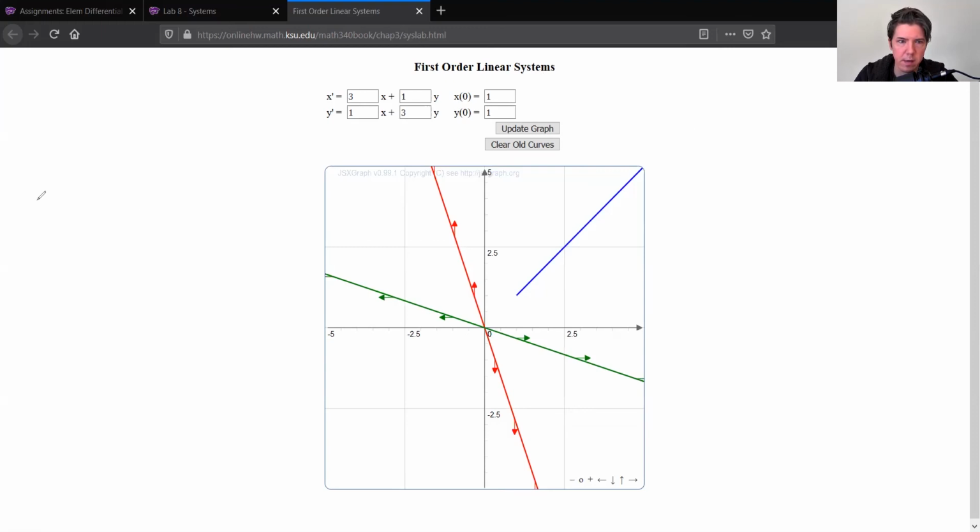So if we take the system x prime is equal to 3x plus y, and we take y prime is equal to x plus 3y.